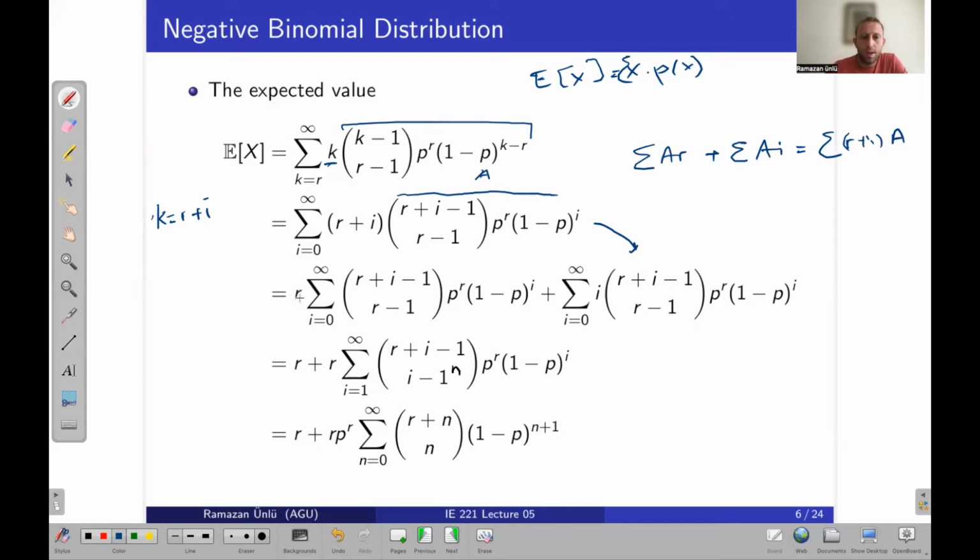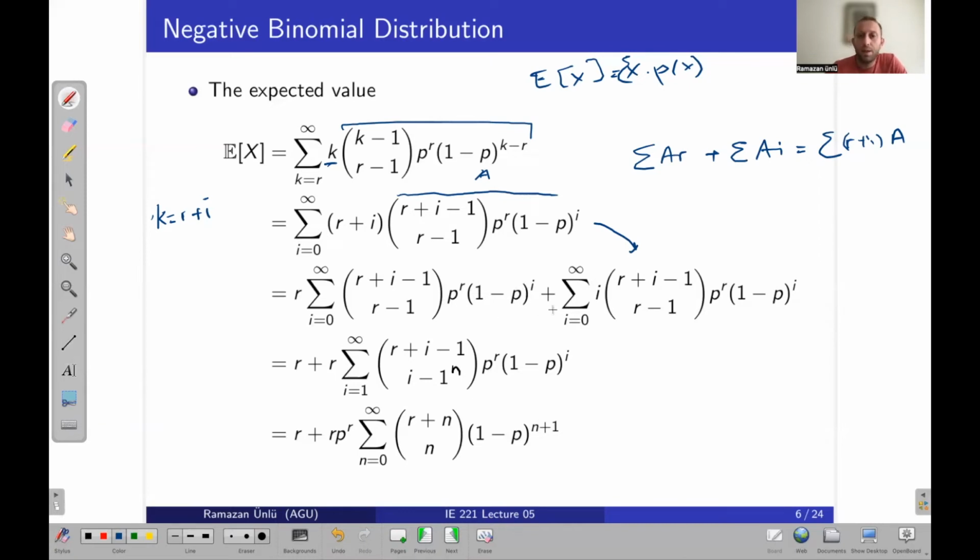This time, the r is a constant and it can go outside the summation, and r times the summation of (r plus i minus 1 choose r minus 1) times p to the r times (1 minus p) to the i.